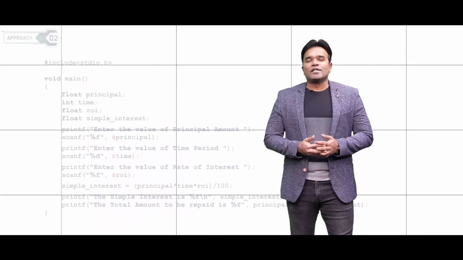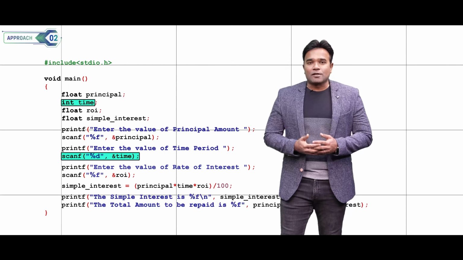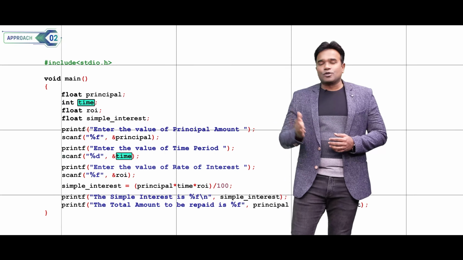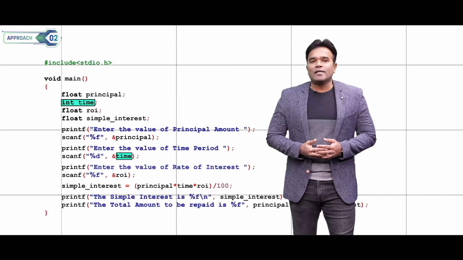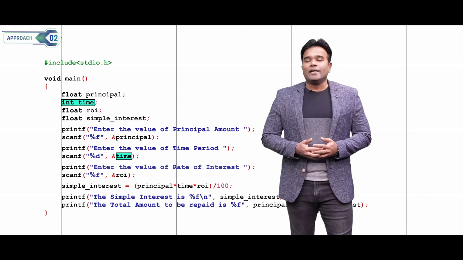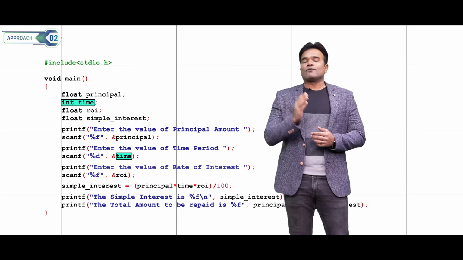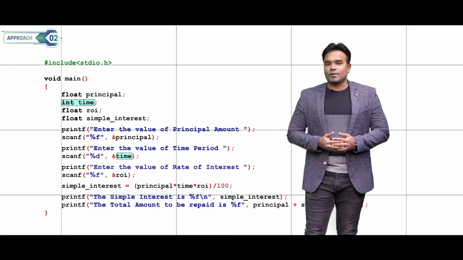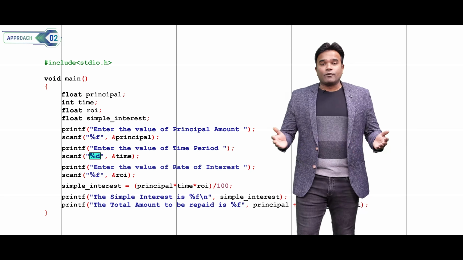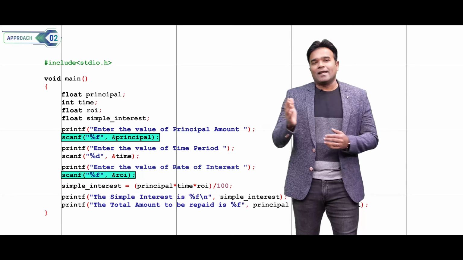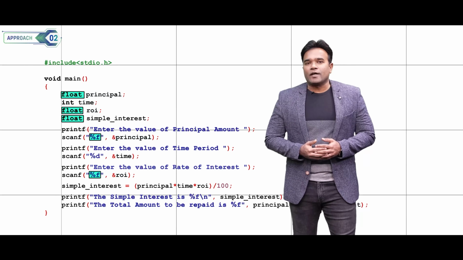But let me tell you that whenever through the keyboard you are reading an integer value, and I want you to notice that time is not of type float, it is of type int, what the scanf has to have as the format specifier is the %d. And I'm sure now you understand that if you are reading a real number, then definitely it needs to be collected using the format specifier %f.